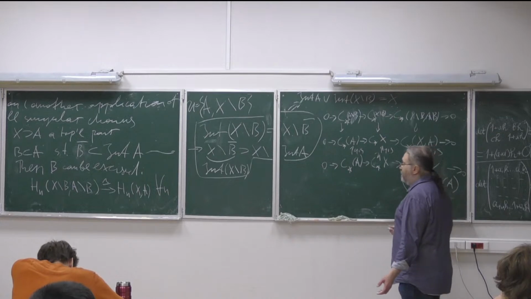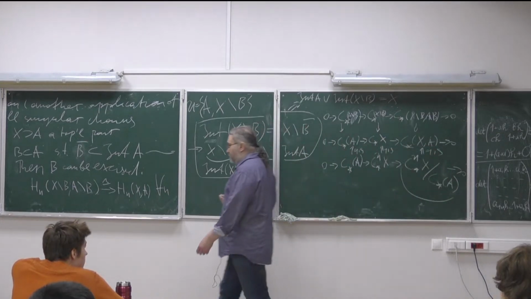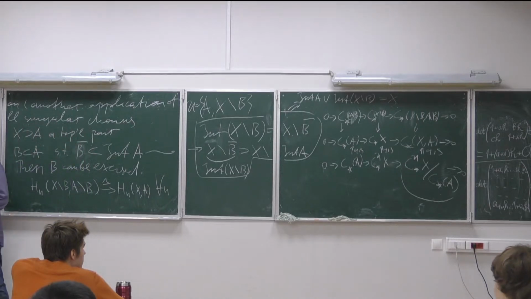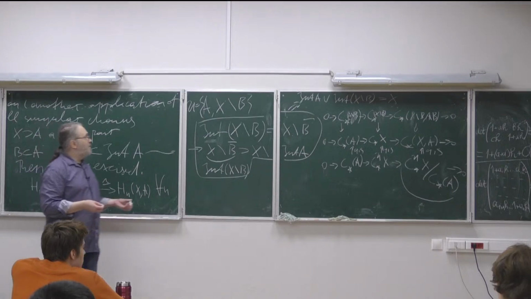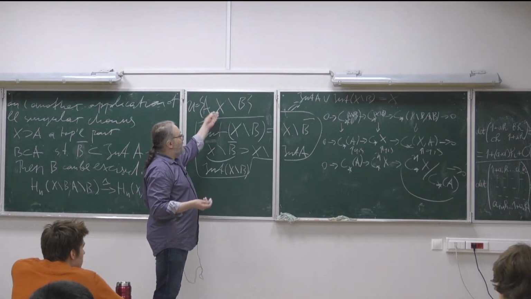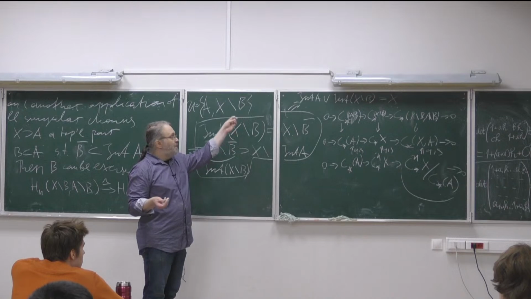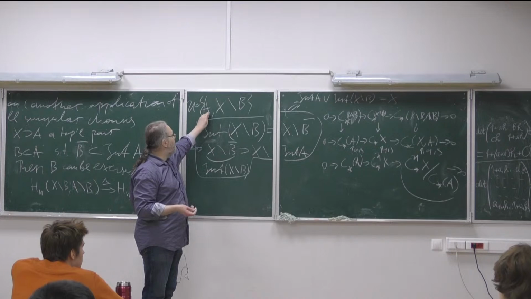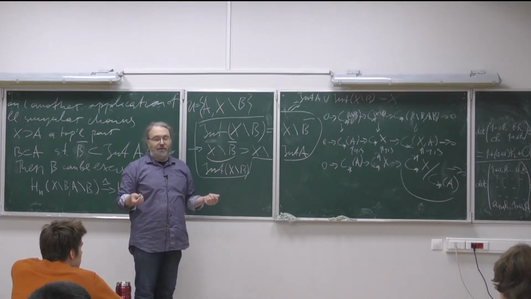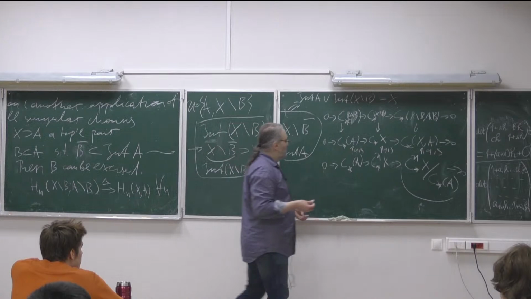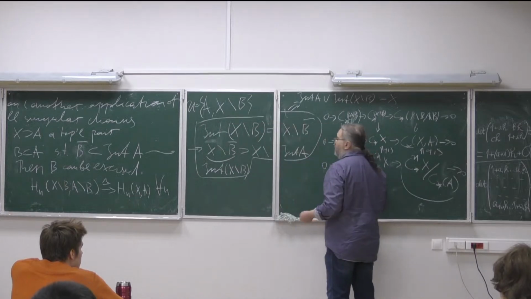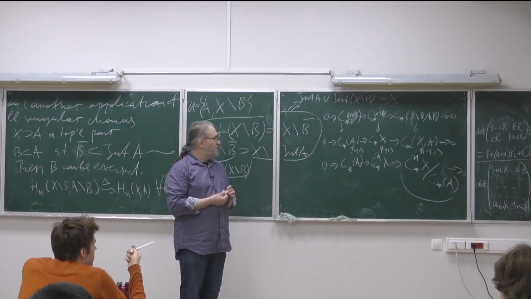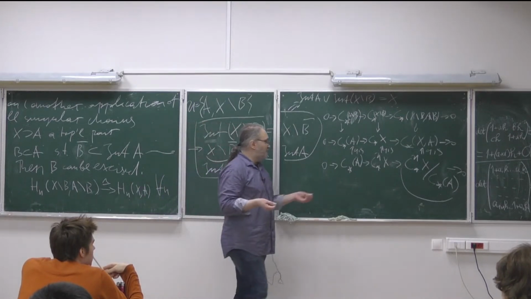C^U of X, as an abelian group, is spanned by simplices which are entirely in A or entirely in X minus B. How can we take a quotient by C of A?